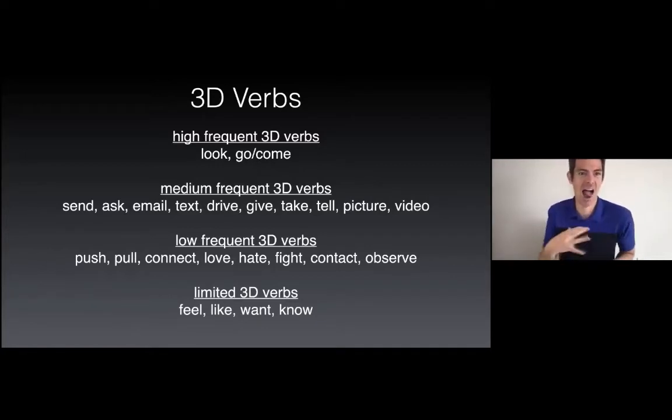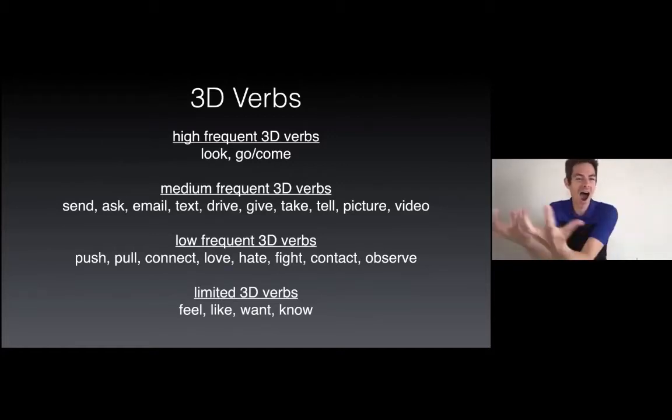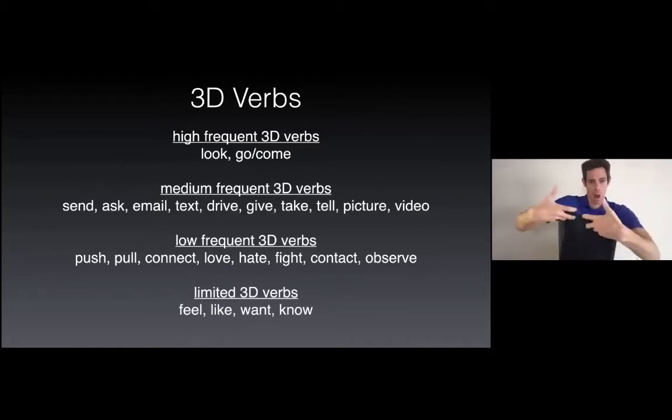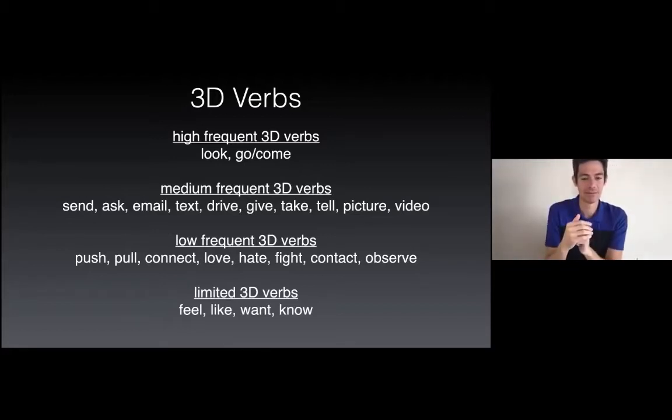It's difficult. You can say "I like, I really like, I want," but it's hard to sign want as if something wants from you, and those feelings are also limited. But basically all verbs are able to be 3D and have 3D influence.